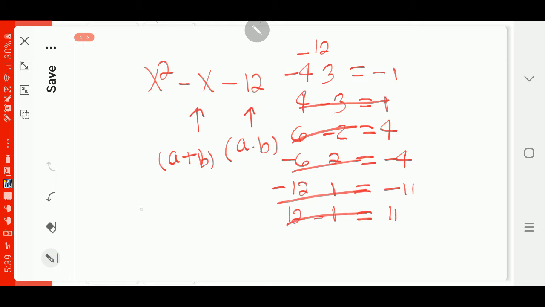So now we're going to rewrite our expression as x minus 4 times x plus 3. That's very simple, very straightforward, right? We have our terms, we factor them out by finding our GCF, and we find two factors that multiply up to our C term and that add up to our B term.